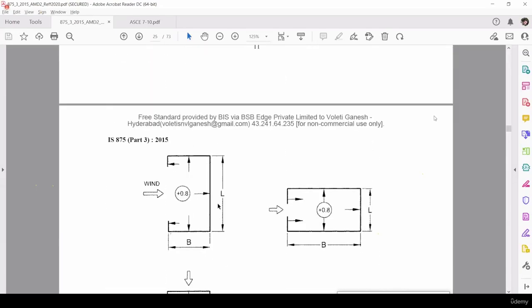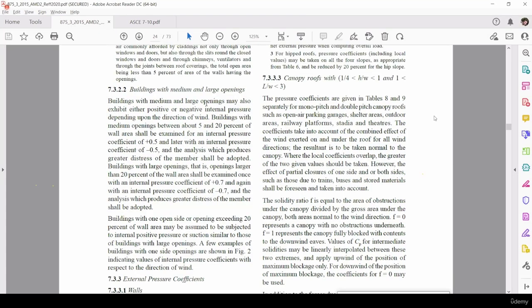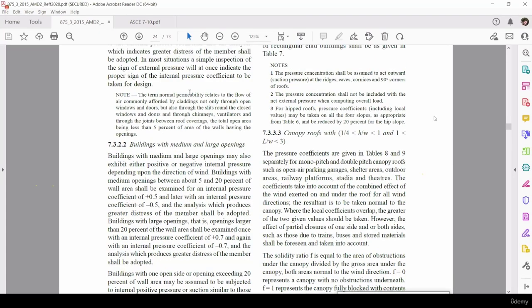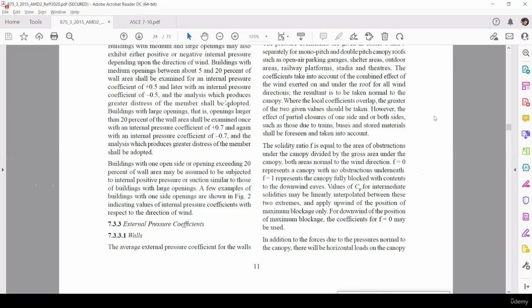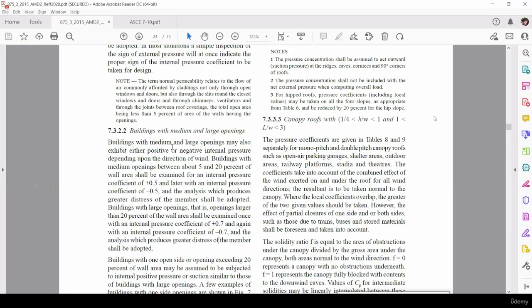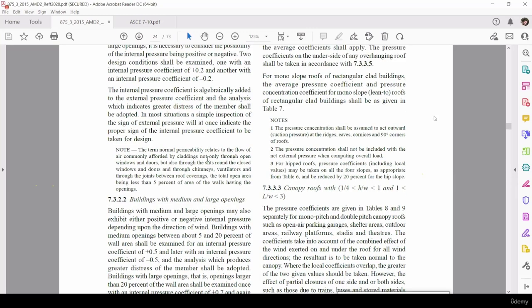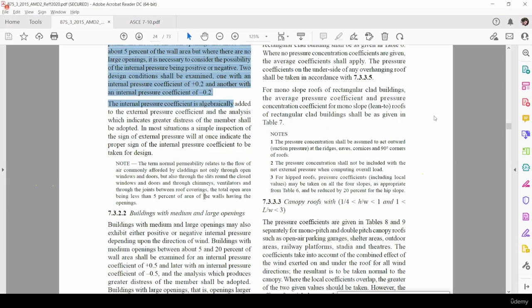Definitely the opening will not be less than 5%, so we cannot use this 0.2 internal coefficient. You have to check whether it is between 5 to 20% opening of the wall; then you have to use internal coefficient plus 0.5. If it is more than 20%, plus 0.7. Okay, sir. If both ends are open, clause 7.3.2.1 will not be applicable in that case. Clause 7.3.2.2 only will be applicable.